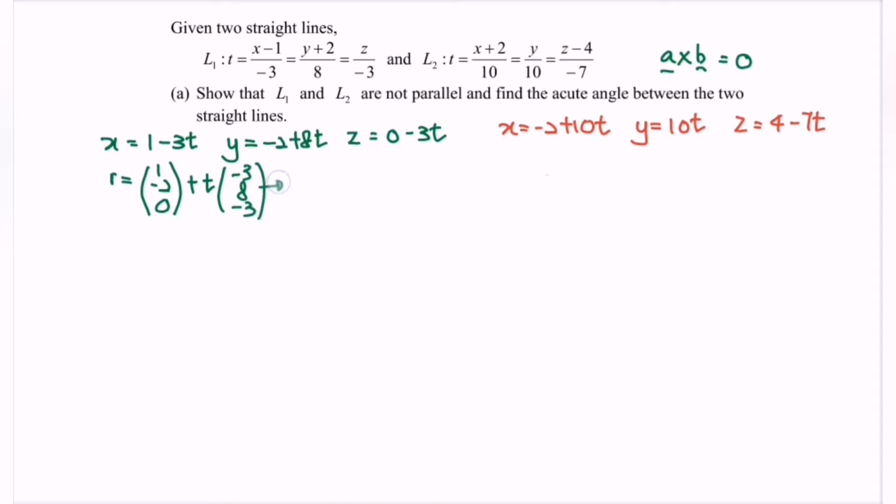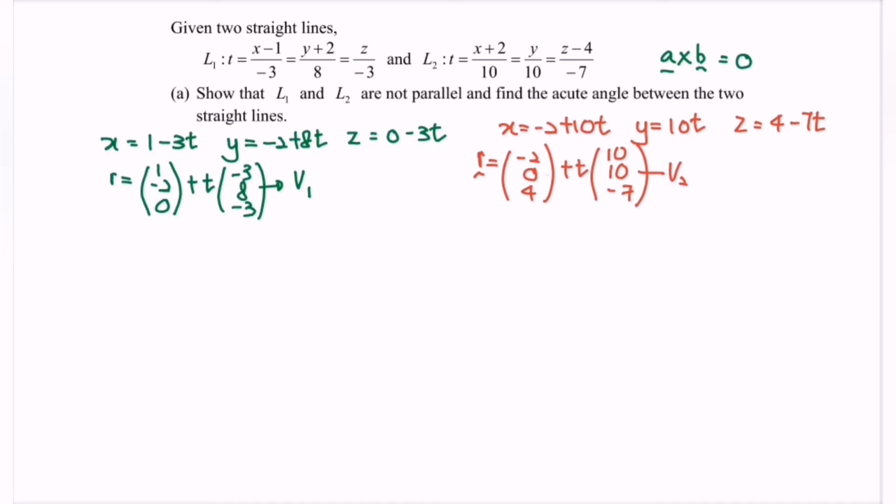So here we have the direction, we call it V1. Focus on the second line: r equals (-2, 0, 4) plus t(10, 10, -7). So that is V2, the direction for L2.